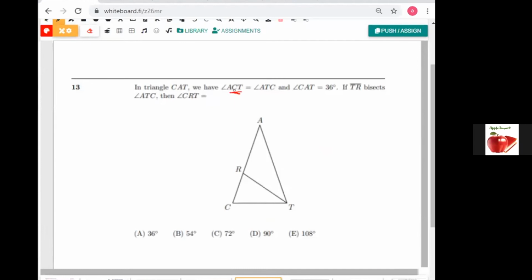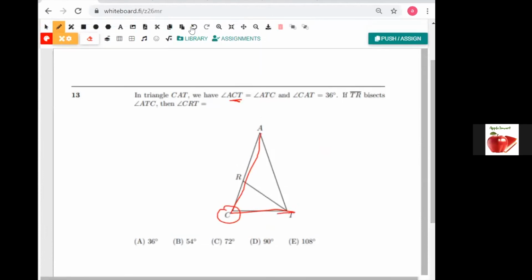It goes from A, then down to C, and then T. So this is angle ACT right here. This angle and this angle are the same because ACT equals ATC.